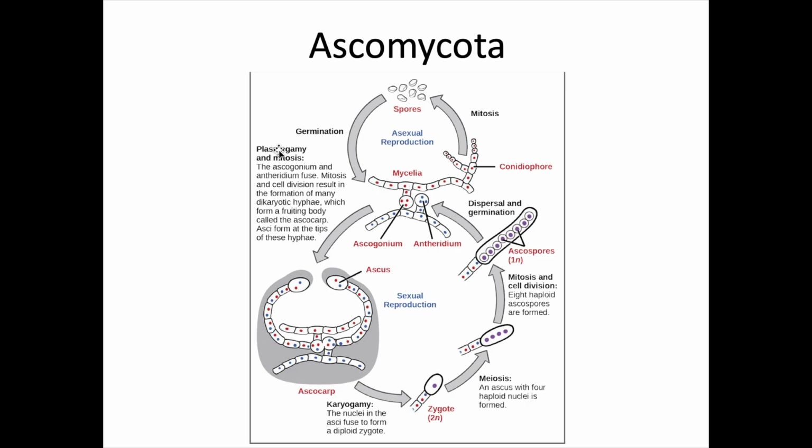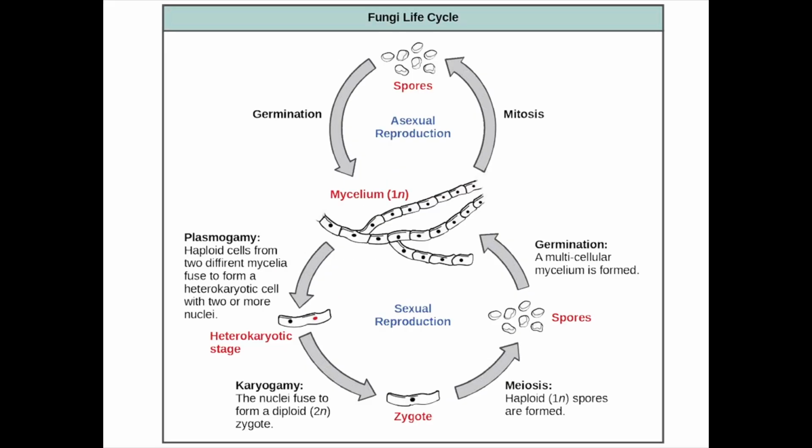We've got plasmogamy, where two mating strains will fuse and form this dikaryotic cell, but here's where it goes away from the norm. Usually in our sort of typical generic life cycle, there was just one dikaryotic cell that quickly fused cytoplasms to become diploid and then went through the rest of this stuff.